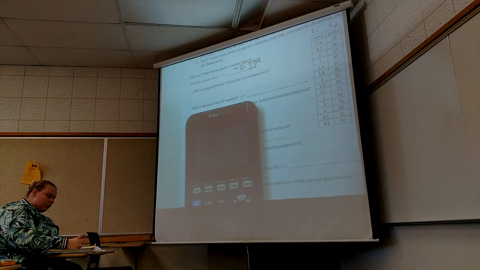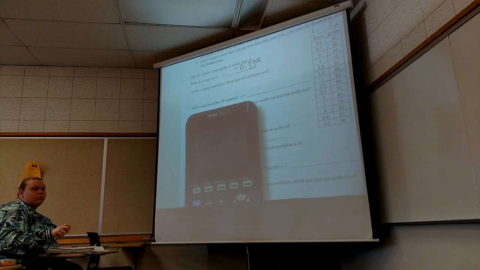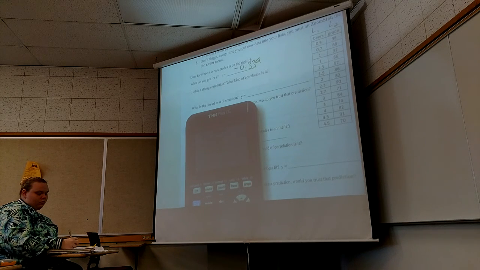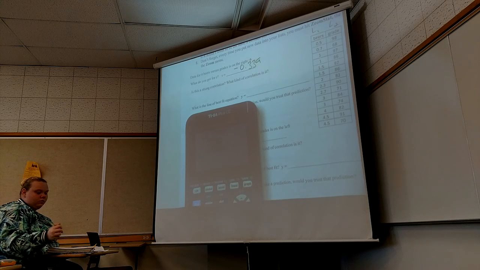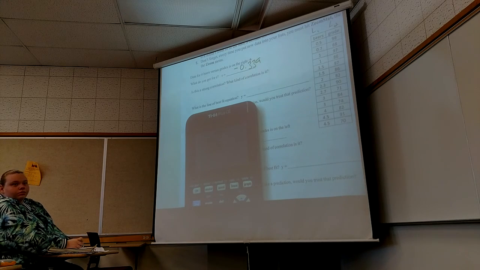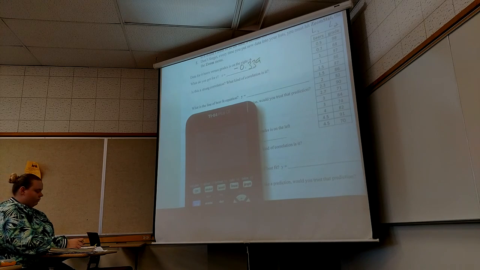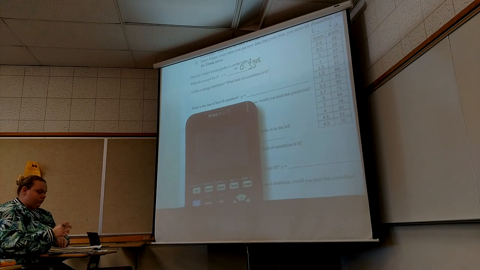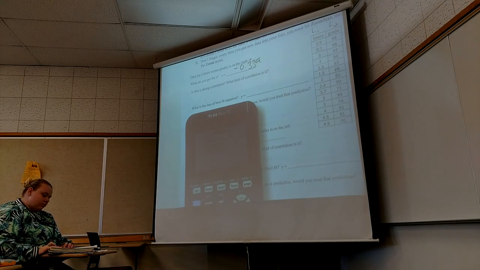If I just give you 2 points, the line that I draw will go through both of them. So the smaller your sample is, the bigger R has to be to show evidence of correlation. Because if your sample's 2, 3, 4, it's almost impossible for it to not be a nice, big R.